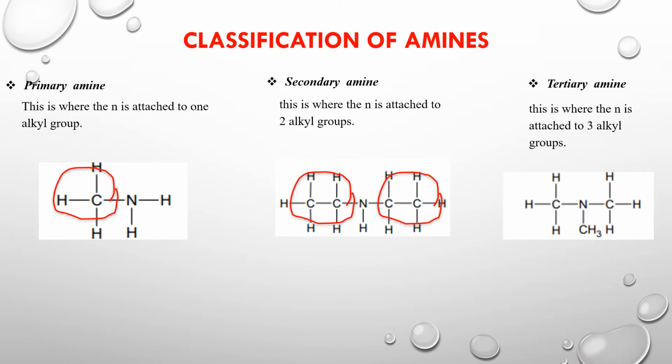So if you look in this example here, which we have learned in the previous section, we have 1, 2 and 3 carbon atoms directly attached to the nitrogen. So it is very important that when you are classifying the amine, you always look at how many carbon is bonded to the nitrogen.